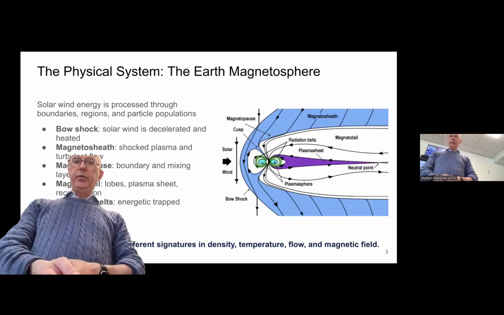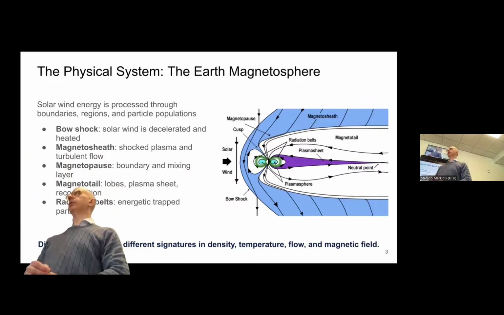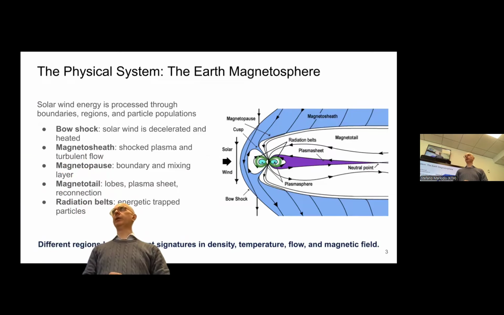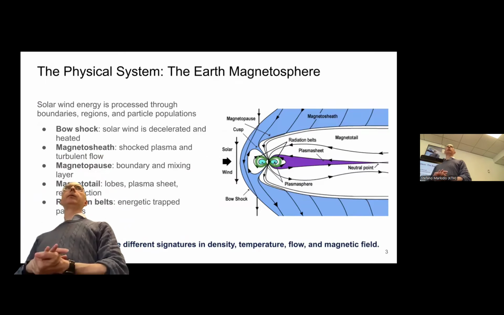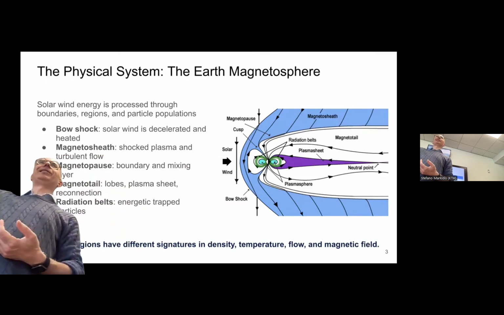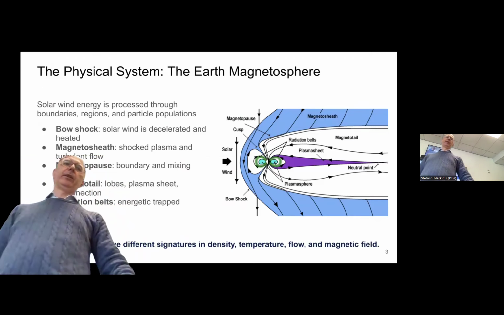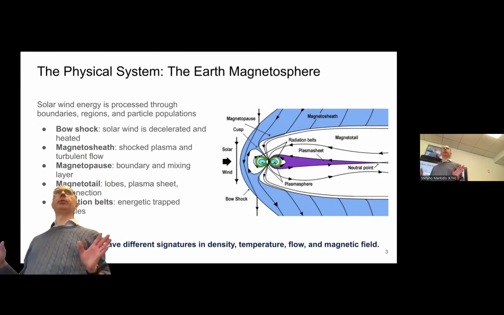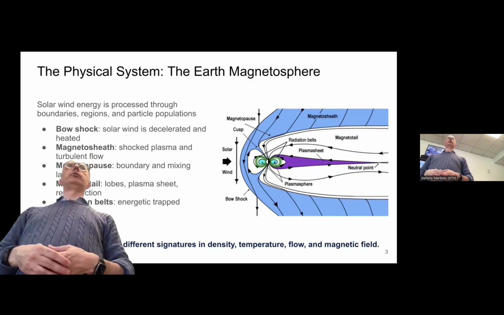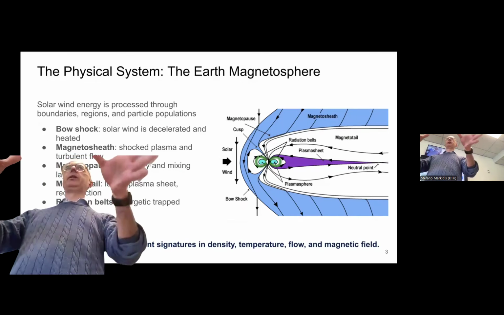I just want to spend a few words, if you are not from magnetospheric physics, on the system that we are applying this to. As I mentioned today, we start from the Sun, our star, that is emitting the so-called solar wind that is propagating through space.